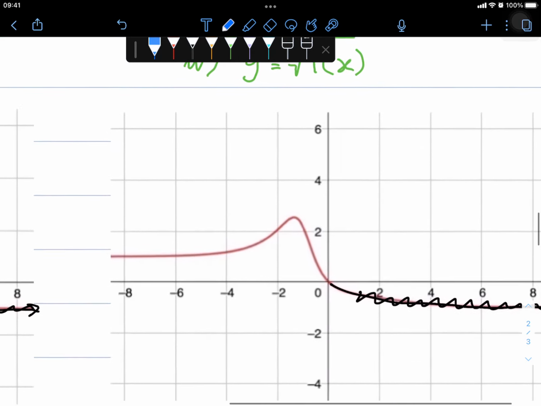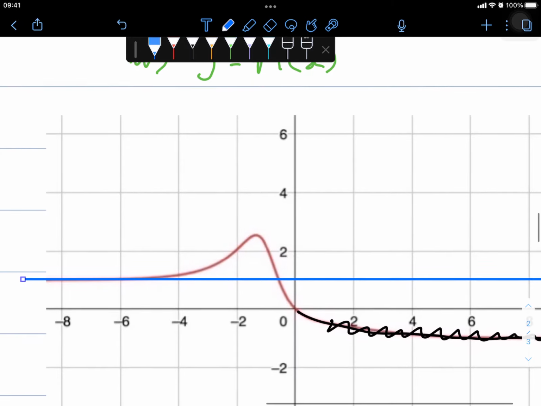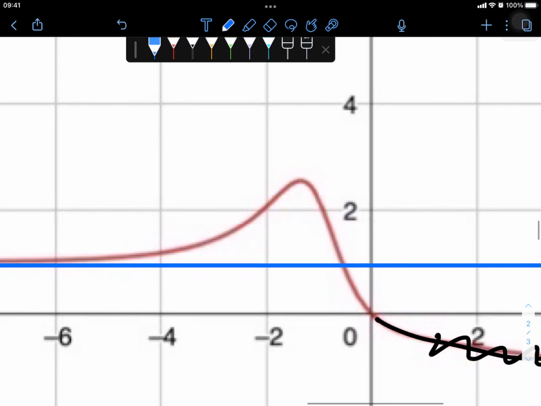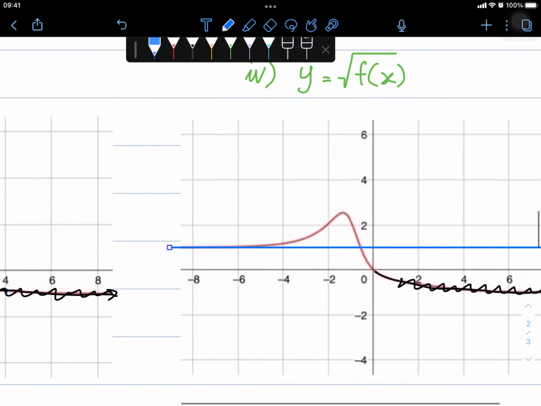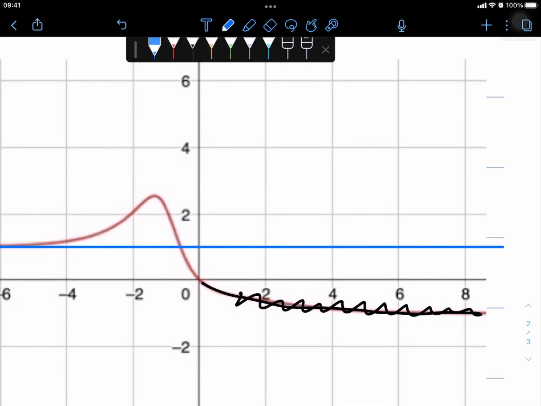Now as for the positive values, remember that y equals 1, like so. Should actually be a bit lower, like try to zoom in a little bit more. At y equals 1, below this value, square roots are above the function.